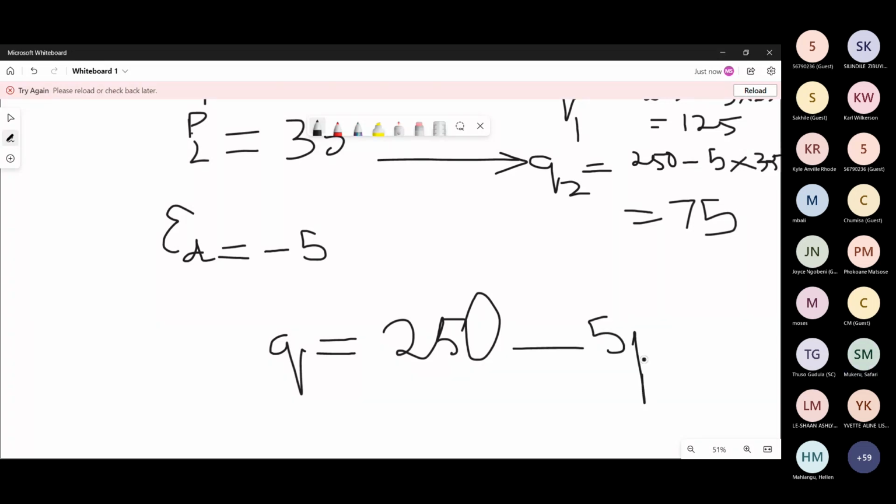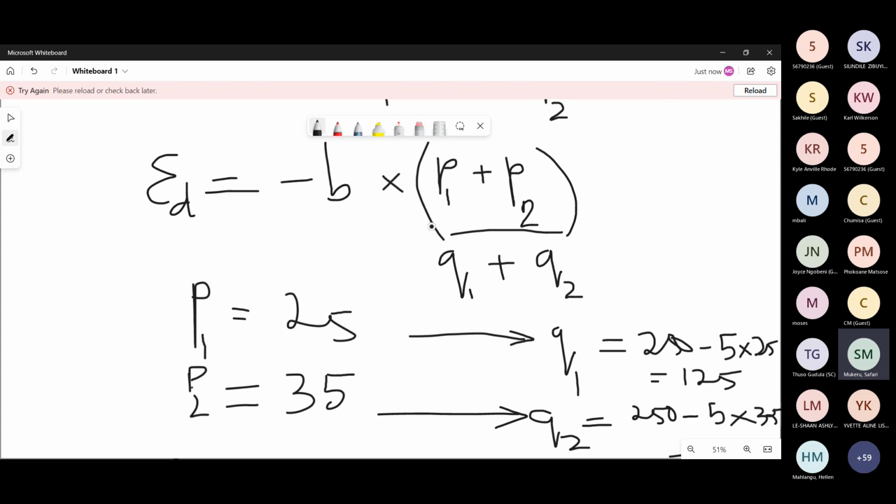This is how the quantity varies according to the price. Then we take this number here. Now we multiply by P1 plus P2 over Q1 plus Q2, right?